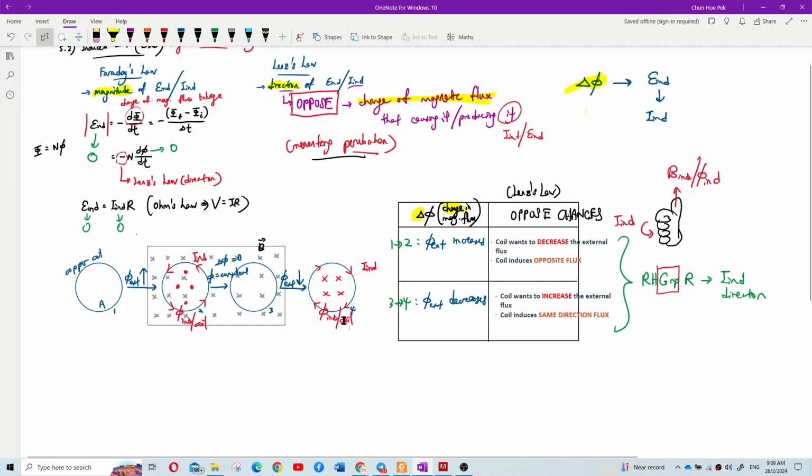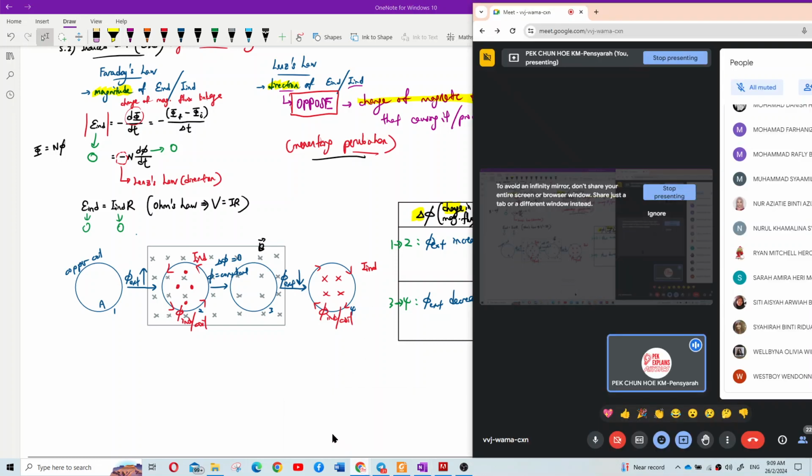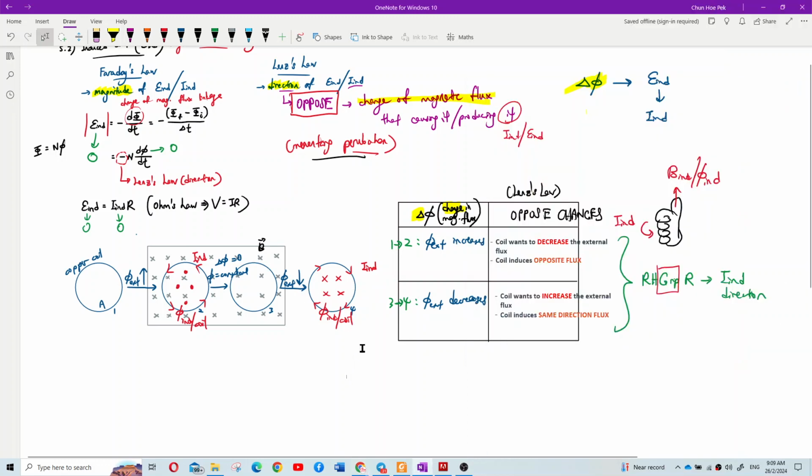Find the induced current direction. Your thumb shows direction into the paper. So now your fingers point in what direction, class? Clockwise, sir. Clockwise. That's right. That's why it is clockwise.